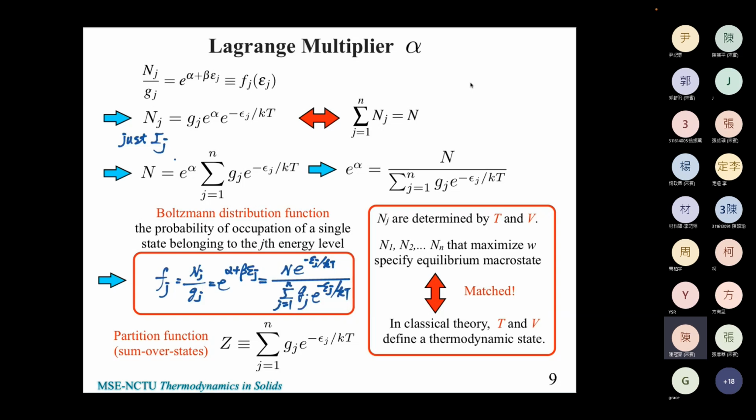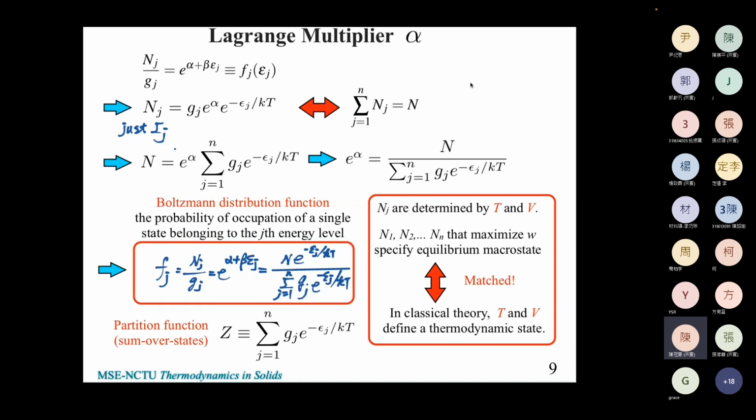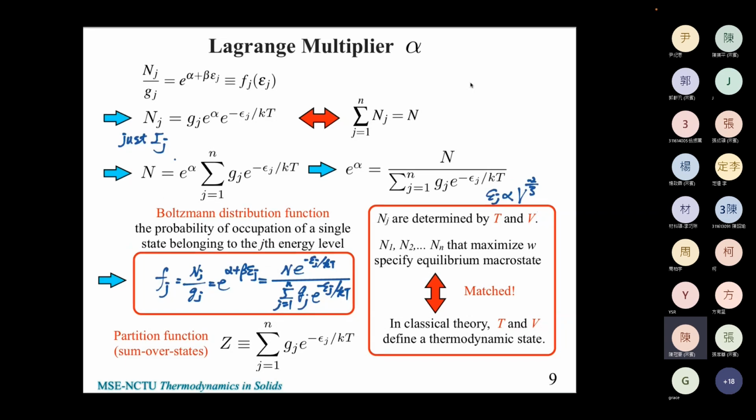Okay. And it's really interesting to examine this function. You can see n_j are determined by T and V. T and V. Where is V? V is actually related to epsilon_j. Remember, epsilon_j is proportional to volume to the minus 2/3, right?